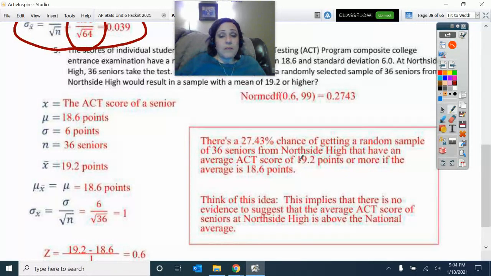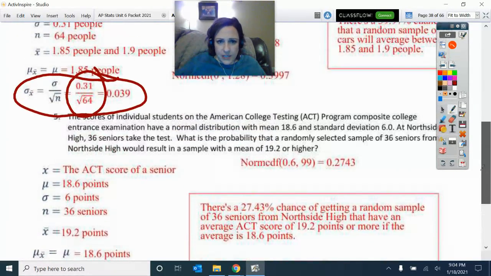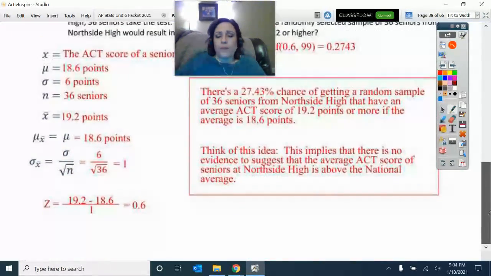That could just be because of sampling variability, because of the seniors I selected. So this doesn't really give me evidence to say that the average at Northside High is any different than whatever the national ACT average is.